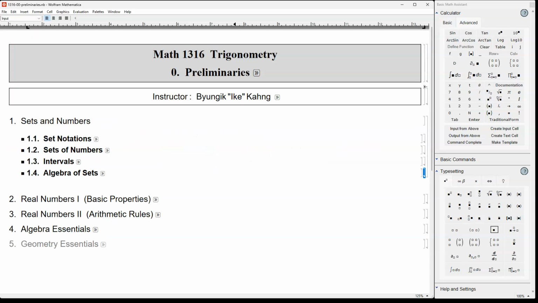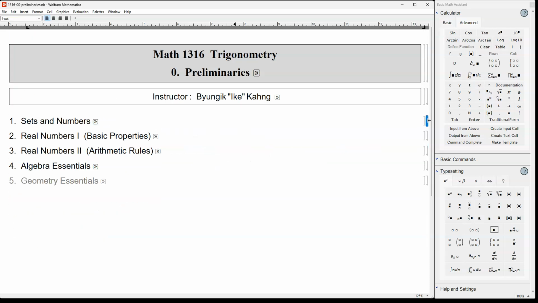Okay, so much for algebra of sets as well, and let's move on to section 2.